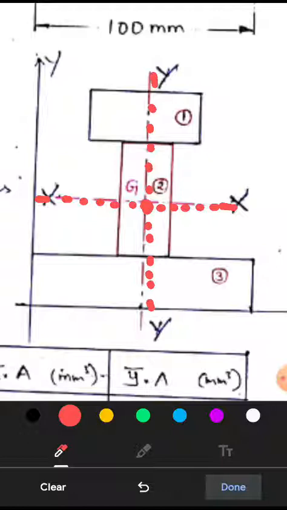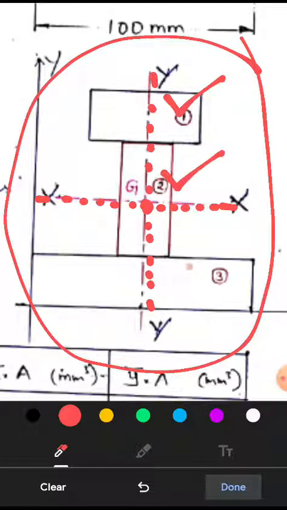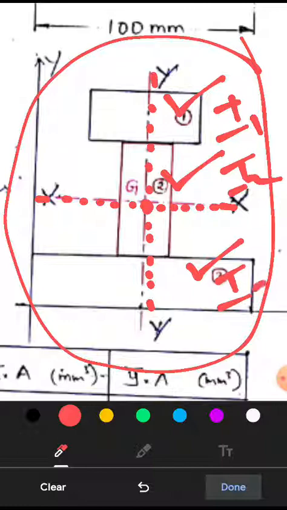So the area moment of inertia of the whole section will be equal to the area moment of inertia of this section plus that of this section and that of this section. The addition of I1, I2 and I3 will give you the moment of inertia of the whole cross section with respect to this x axis.